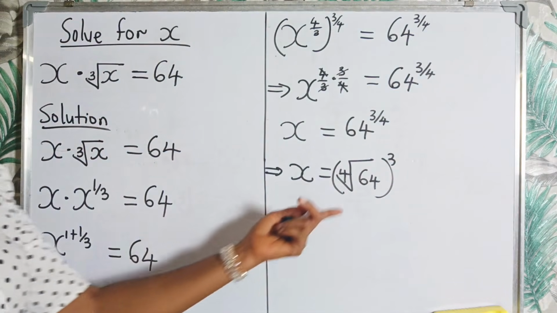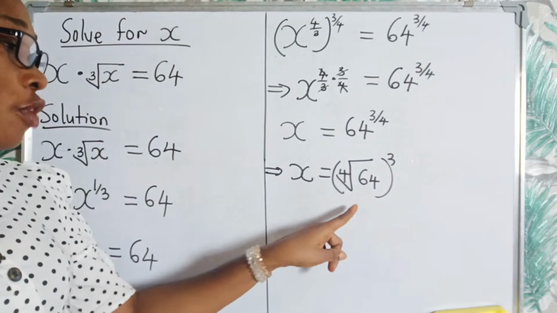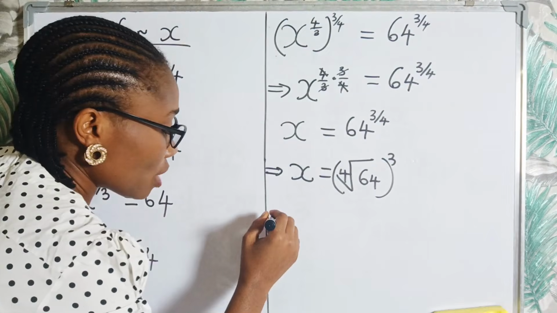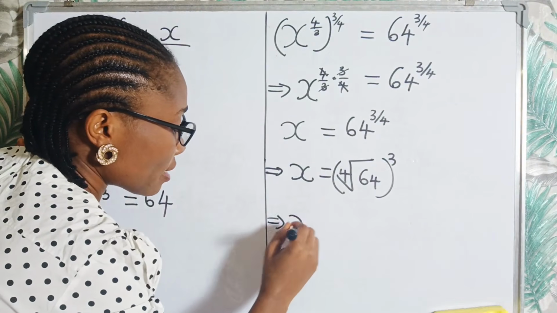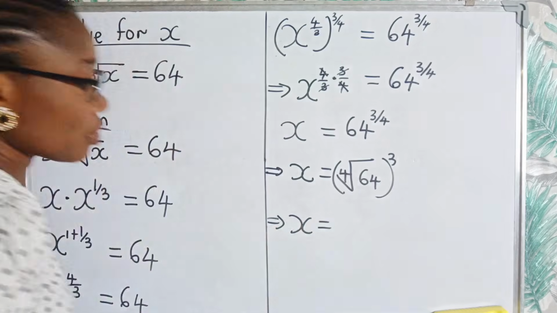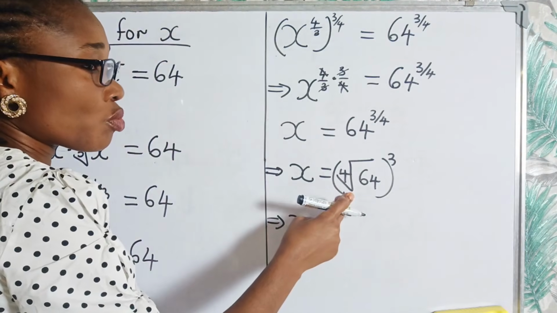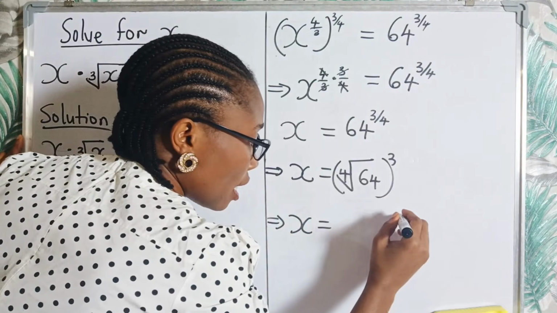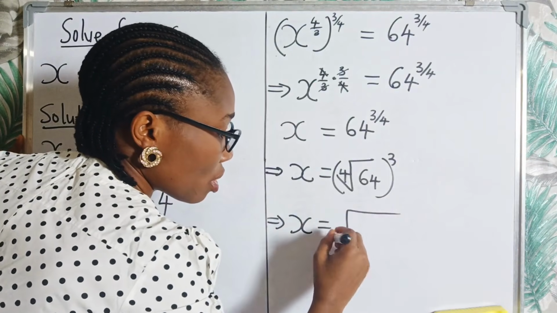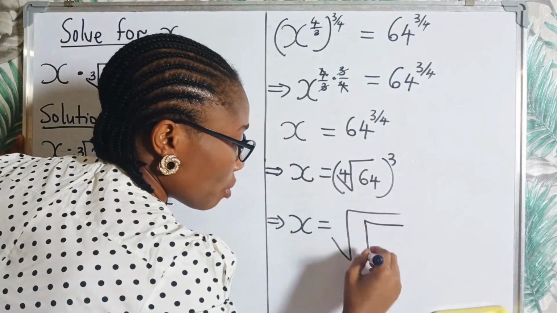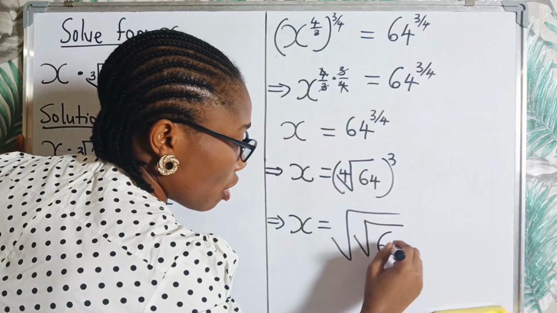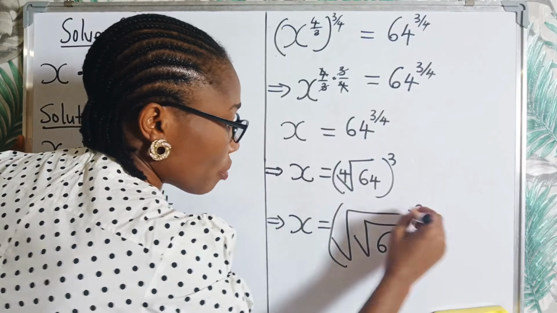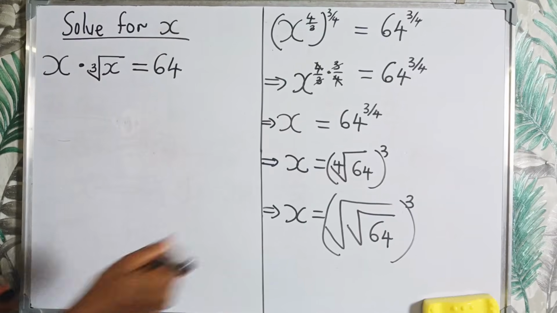Now we cannot express the fourth root of 64 directly. This is what we are going to do. I will express the fourth root as 2 square roots. So I'm going to express this as the square root of the square root of 64, and raise everything to the power of 3. So we continue with our solving.